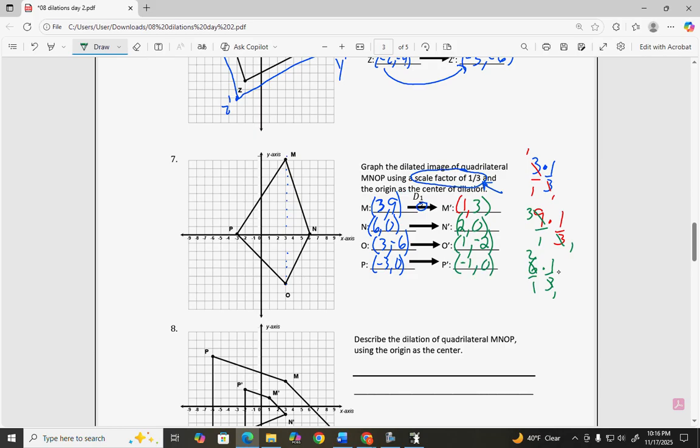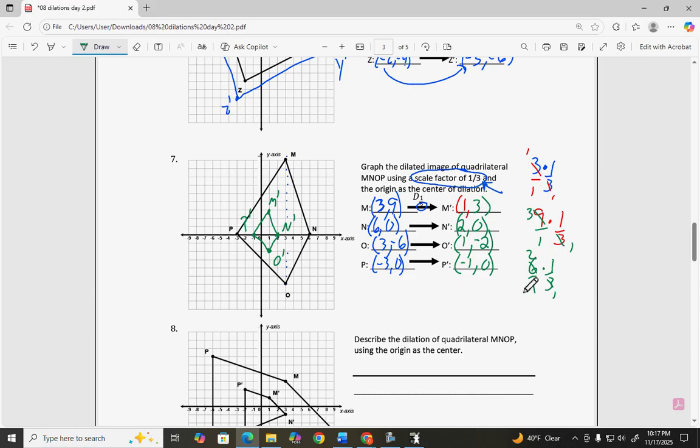And then let's plot these points. So look at that. Same shape, different size, got smaller this time.